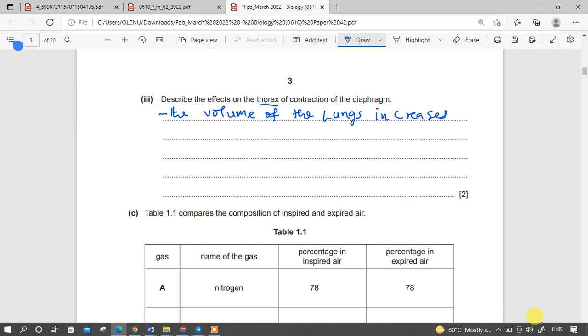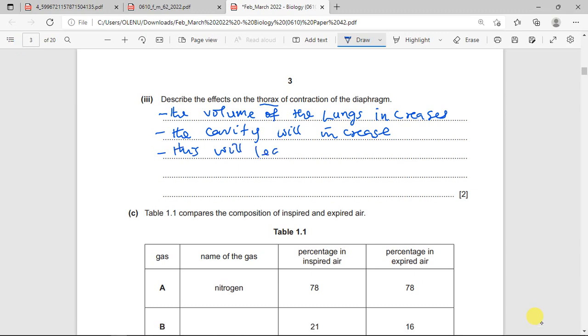So you find out that the thoracic cavity will increase. Now, what this will lead to is a decrease in pressure of the lungs.